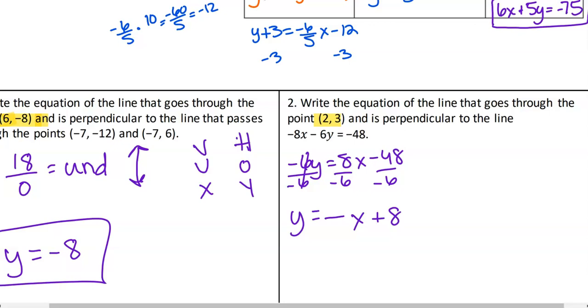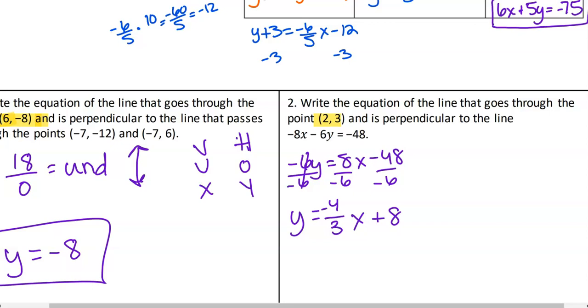I almost agree with you. Why don't I want to put -8 over 6? No, it can reduce. 8 over 6 can reduce to 4 over 3. So this is -4 over 3x plus 8.